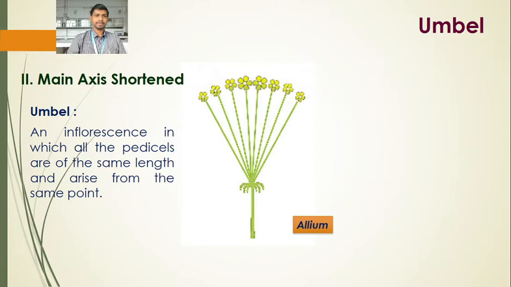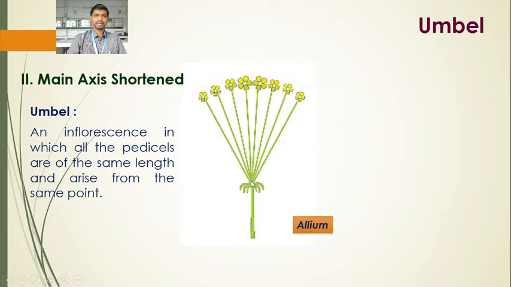So this umbel inflorescence is characterized by an inflorescence in which all the pedicels are of the same length and arise from the same point. So this is the main characteristic of the umbel inflorescence. The pedicels of the flower are of equal length and they arise from the same point.